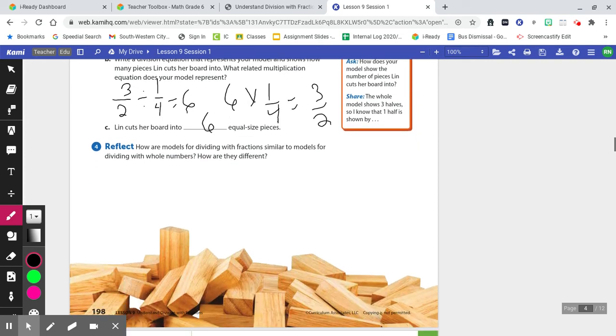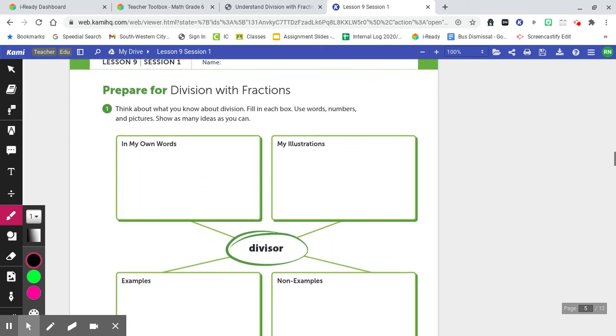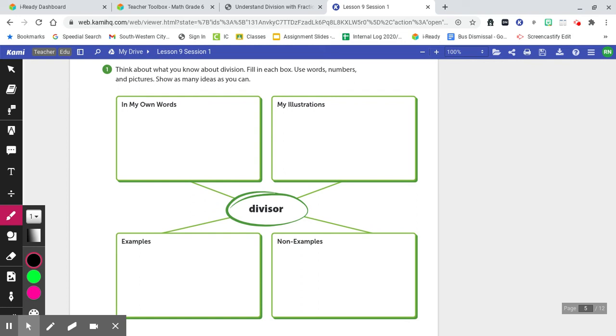So if you will now turn the page, we have some practice here. I thought I would help you with this one before I send you on your way to finish the rest of them. And I wonder how many of you remember what the divisor is. See if you can stop and fill these squares in, and then come back and you can add on to what I wrote or copy what I wrote down. So the divisor is the number you divide by.